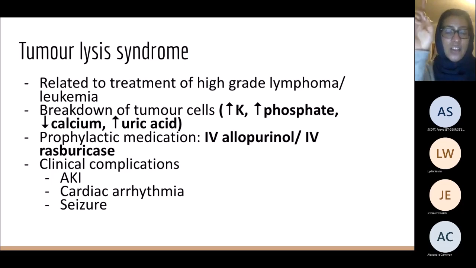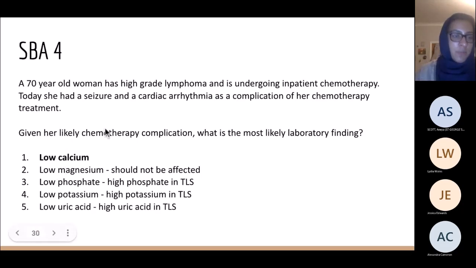And I believe the calcium in your blood ends up binding to some of the phosphate, and as a result, your calcium goes down. I don't know why your uric acid goes up, but those are the blood results you get in tumor lysis syndrome, which is why the answer to the previous SBA was low calcium. Your magnesium isn't usually affected.